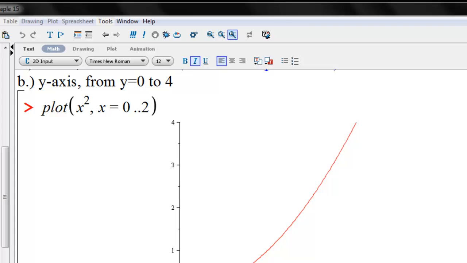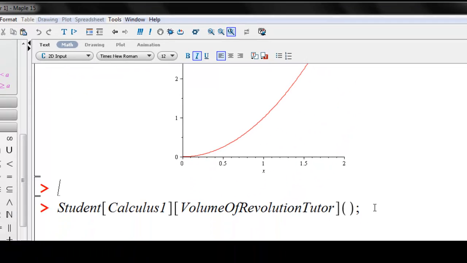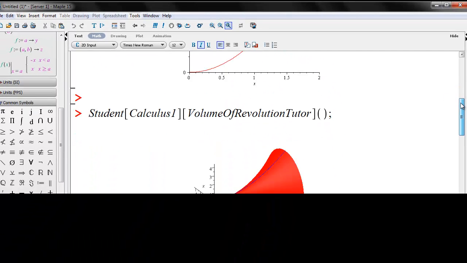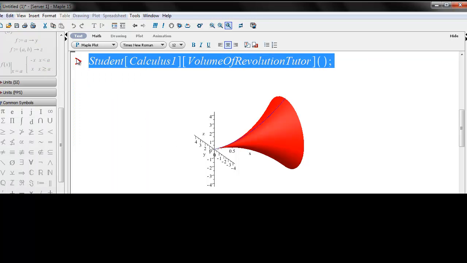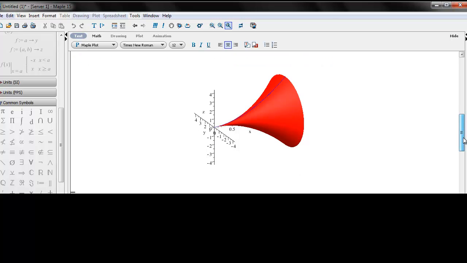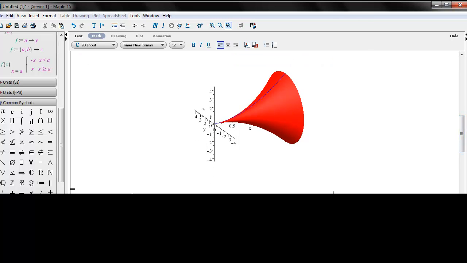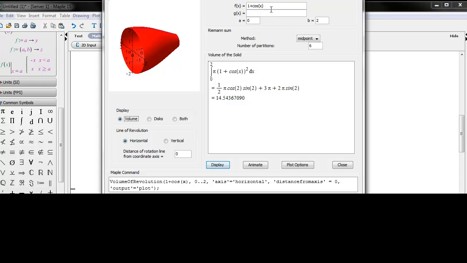We can go back over here to Maple and make Maple do a drawing for us. Just to compare, in the previous example we were revolving around the x-axis and we ended up with something that looks like a trumpet. Now we're going to go around the y-axis. So let's do that here. We'll do x squared, and let's go over here to vertical, the distance of the rotation line from the coordinate axis.